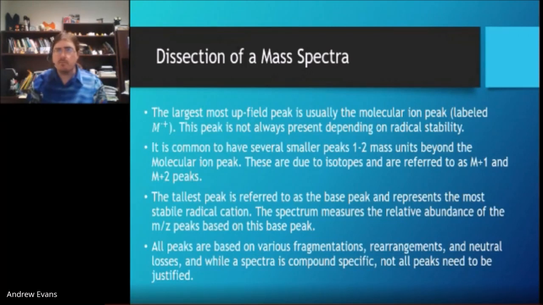Where this is going to be most readily available, most obviously abundant, is in chlorines, where chlorine 35 and chlorine 37 have a 75 to 25% abundance. So a 25% chance of having a heavier isotope is pretty likely. Or bromine 79 and 81, which is almost a 50-50% abundance.